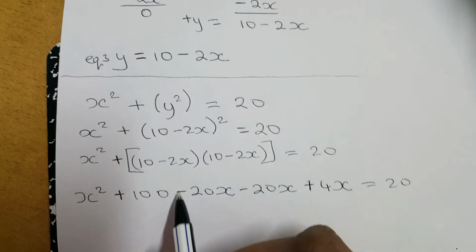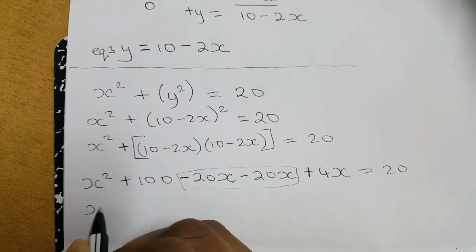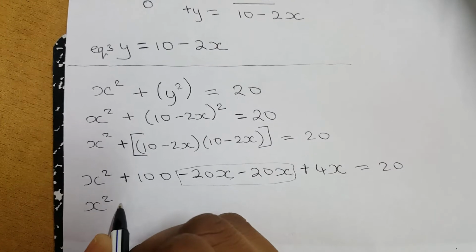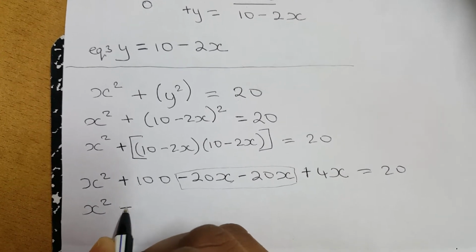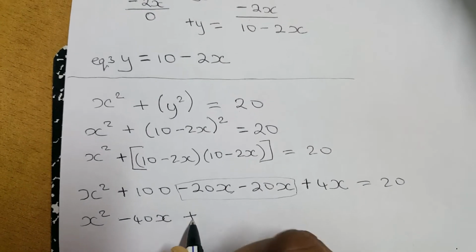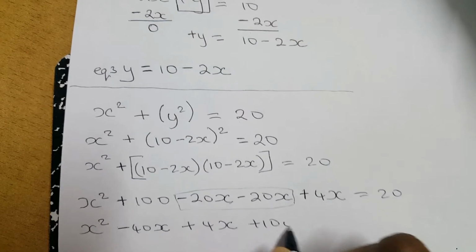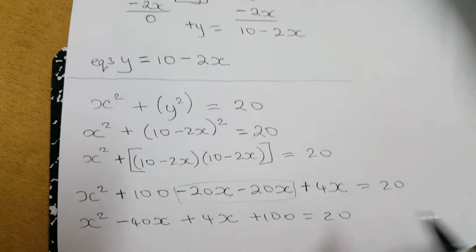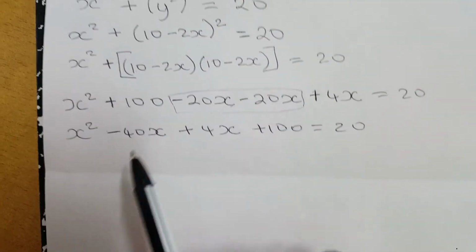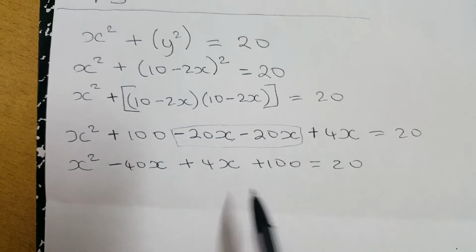So here we simplify like terms, and this moves us one step closer. So we have x squared minus 40x plus 4x squared plus 100 equals 20.